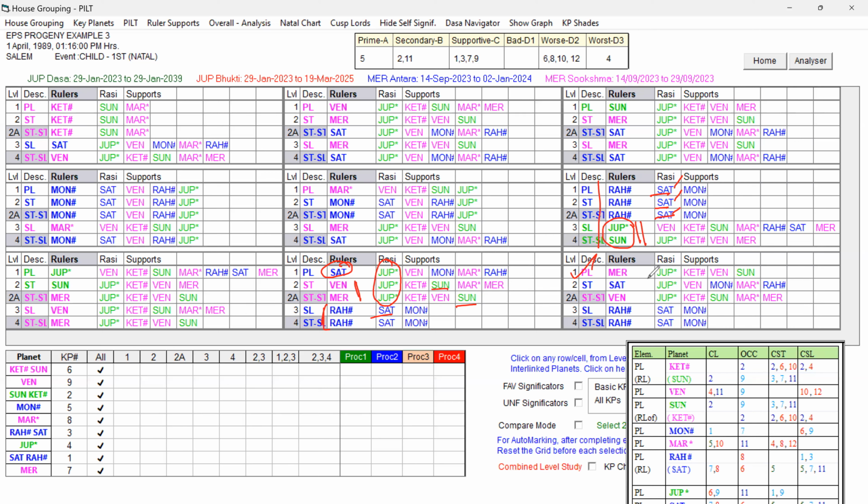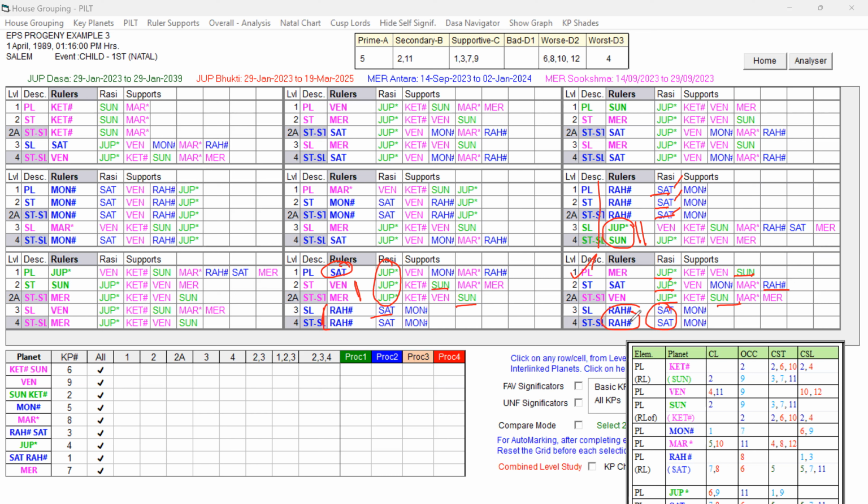But whether Mercury has a good key planet of the Dasa Lord, which are the key planets of the Dasa Lord? Rahu, Jupiter, Sun, and Saturn. You can see Rahu there, and Saturn is there, and Sun and Jupiter. Jupiter is there in supports for all the three levels, and Sun is also there in supports.